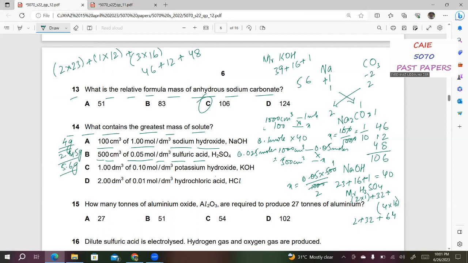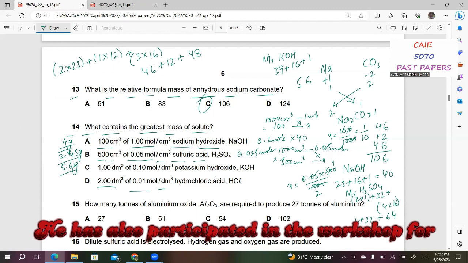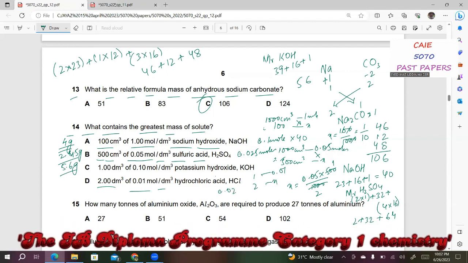Okay, D, 2 dm cube of 0.01 mole per dm cube hydrochloric acid. So it means 1 dm cube contains 0.01, so 2 contains X. So 2 will be multiplied by 0.01, you will get 0.02 moles of hydrochloric acid. MR of hydrochloric acid, MR HCl, hydrogen is 1 plus 35.5 for chlorine.